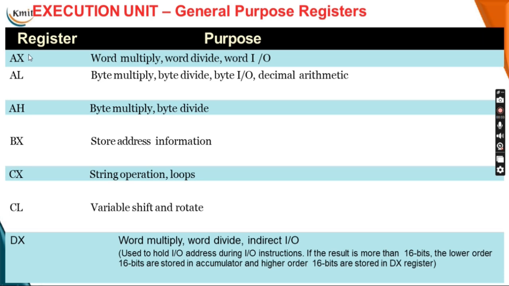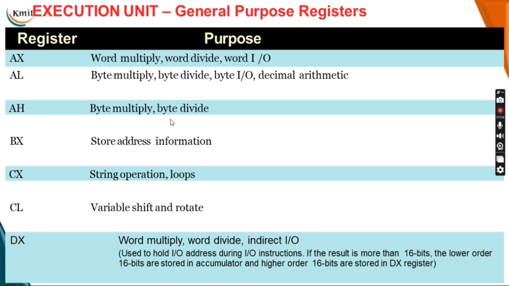AX can perform I/O operations such as multiplication, division, byte storing, string manipulations, and decimal arithmetic. All these operations can be done in AX and the data can be stored into the AX register.